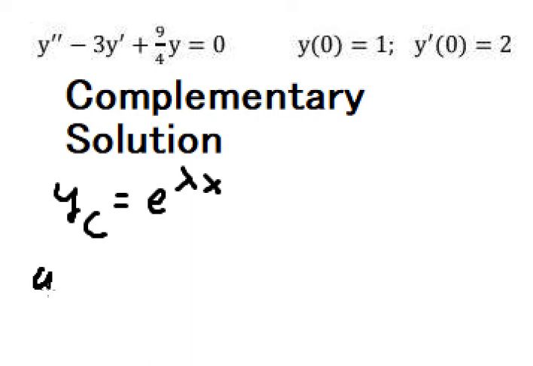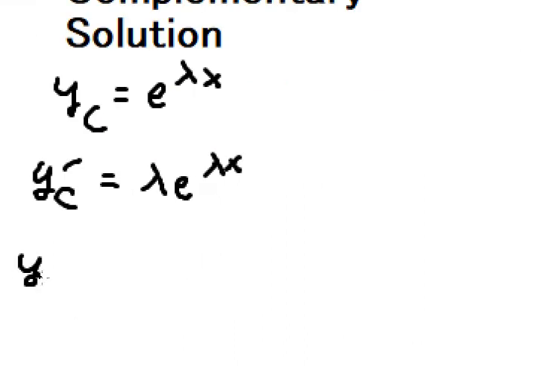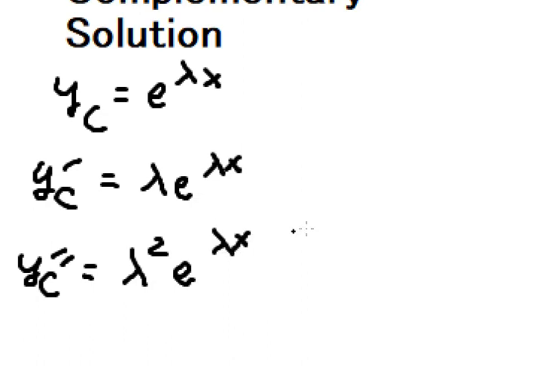If I do the first derivative of this, we have lambda e to the power of lambda s, because if we do the first derivative of e to the power of lambda s, we keep this one. Later, when we do the first derivative of lambda s, you get lambda in here. We do the second derivative, we have lambda square e to the power of lambda s.